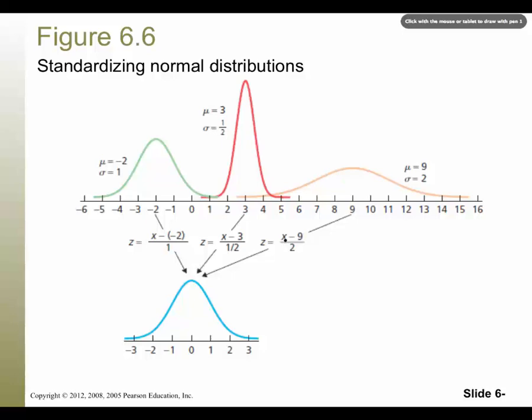Then the z-score would be x minus 9 divided by 2, and that would standardize this curve into the z curve. That could be done for all of these: x minus 3 over 1/2, x minus -2 over 1. And when you do that, you get the standard normal curve.